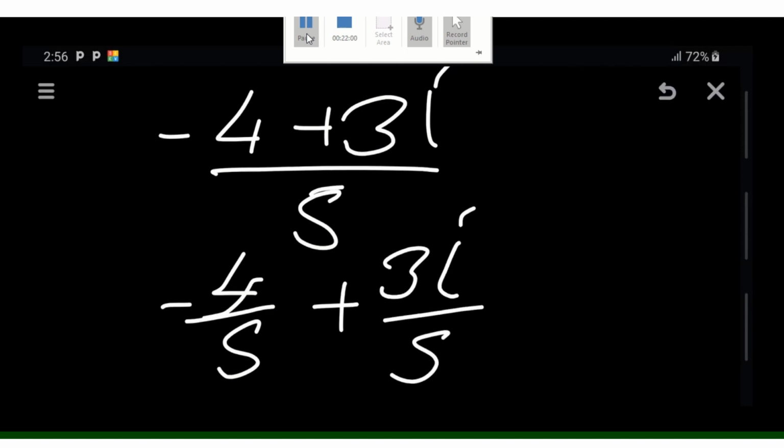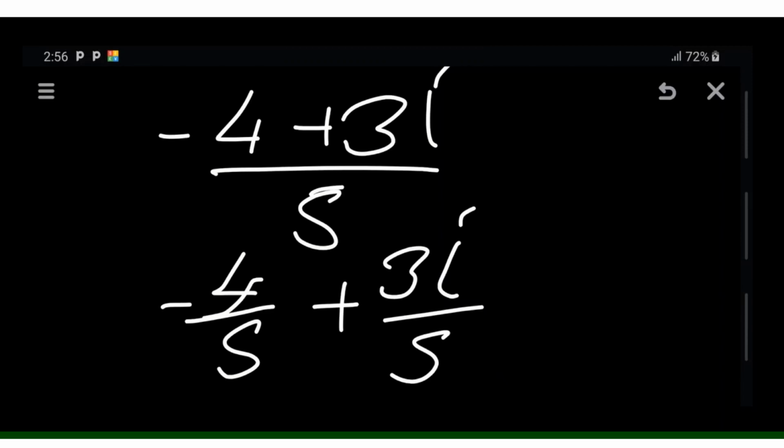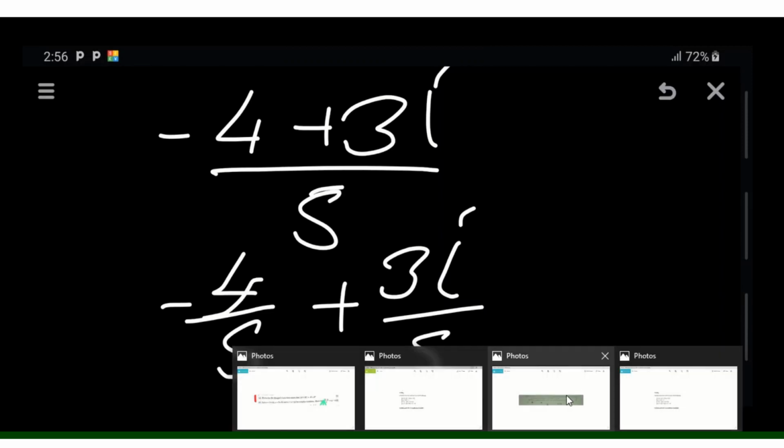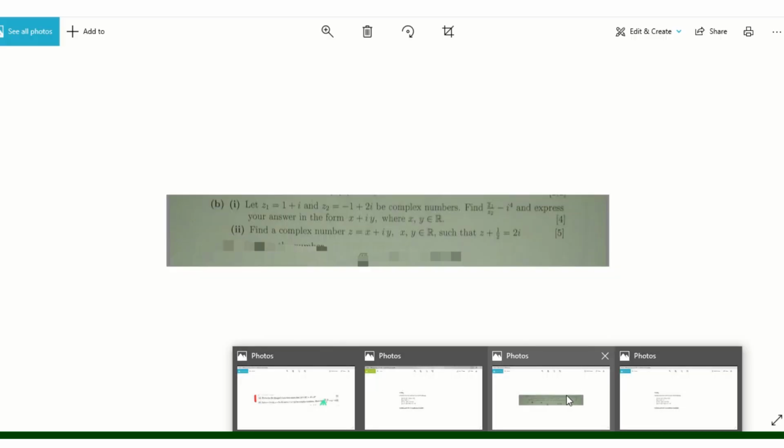So this is our answer. What was the question? We were finding this and expressing it as x plus iy.